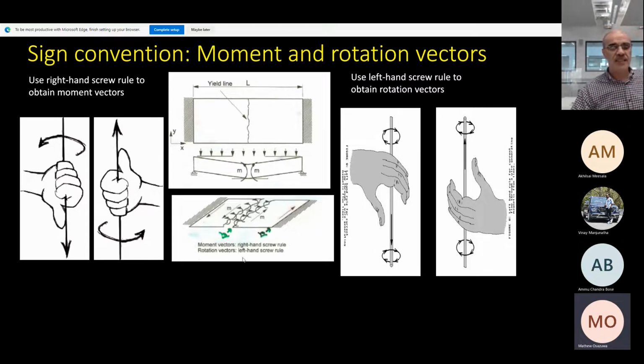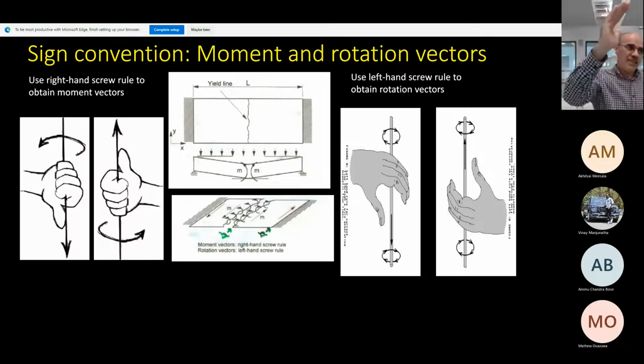Okay, look at the left side, this part of the slab. Use your right hand. The fingers of your palm, you use them for the moment. So you have a moment going anti-clockwise like this.